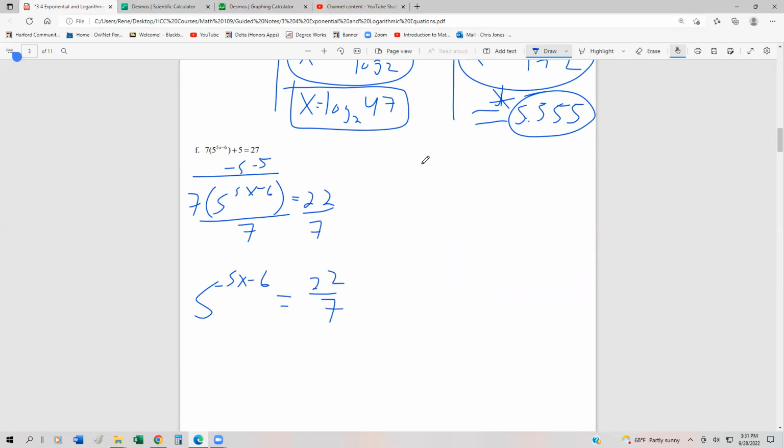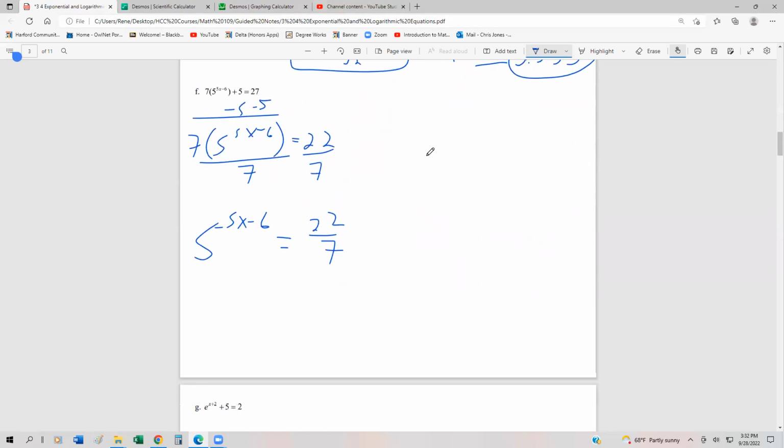Now, we certainly know that we can't easily write 22 over 7 with a base of 5. And conversely, we can't write 5 as 22 over 7 raised to some power. That's where we're going to introduce a log. Okay, I'm just going to use the natural log because I can. And so I'm going to say ln of 5 to the 5x minus 6 equals ln of 22 over 7.